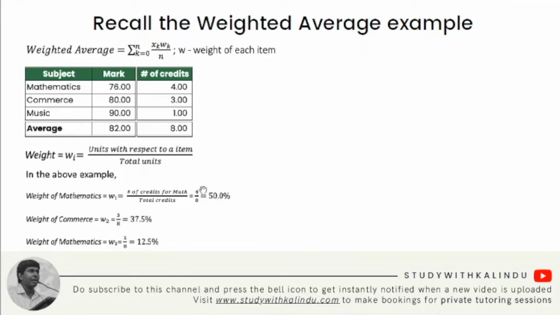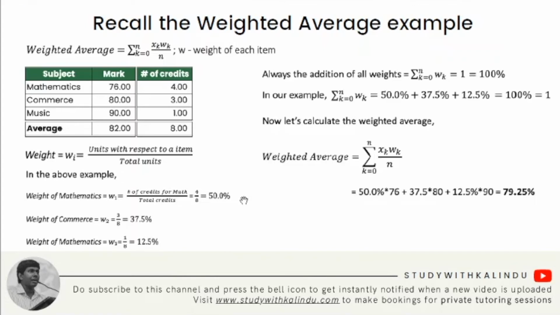Now, when you add 50, 37.5 and 12.5, you get 100%, which is 1. So always the addition of all weights will be equal to 100%, to 1. Using these individual weights and individual marks, you can calculate the weighted average. Rather than multiplying your mark by the number of credits, adding all those and then dividing by the total credit, now we can use individual marks and individual weight percentages.